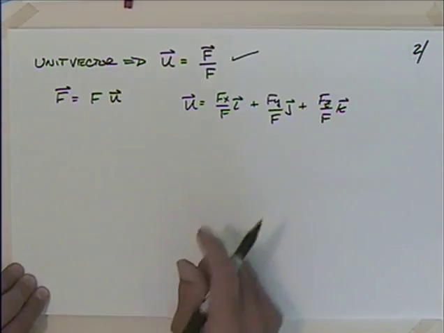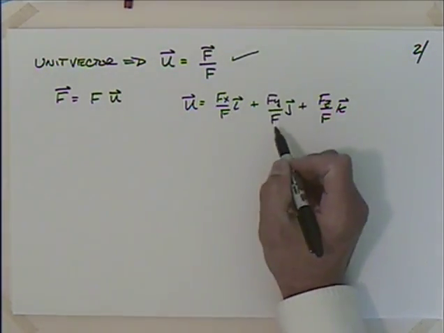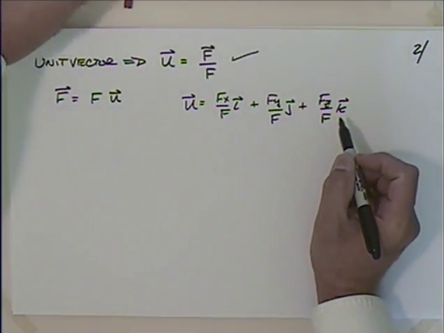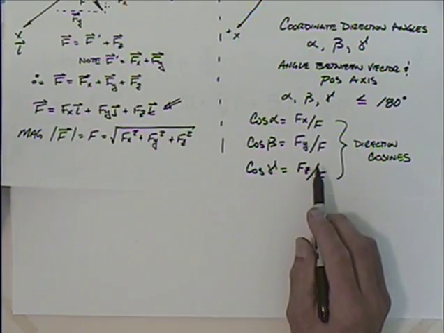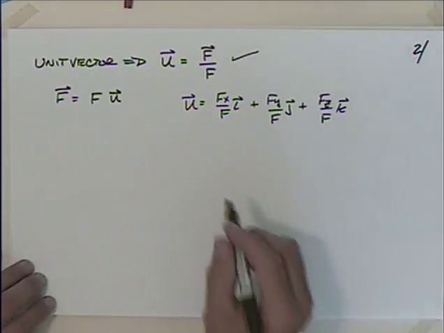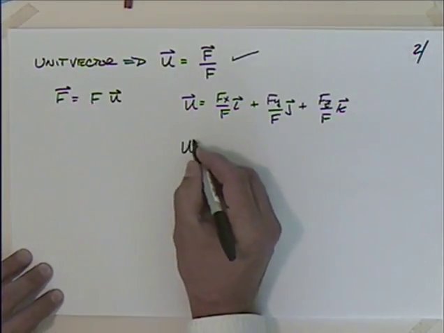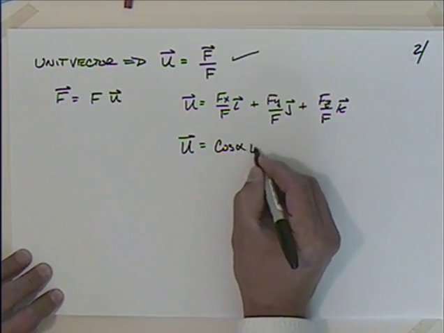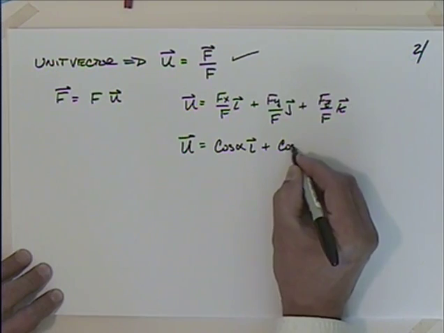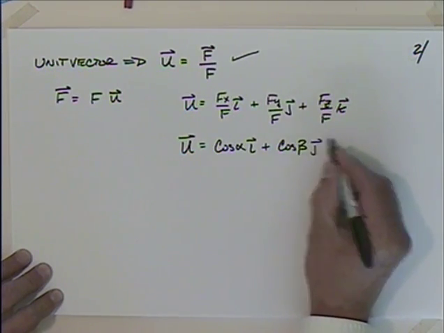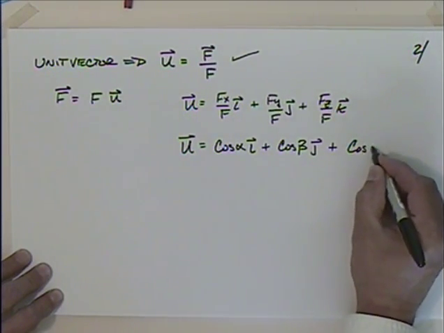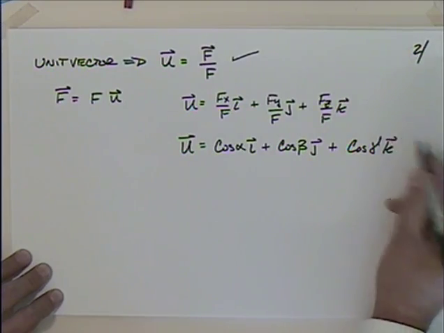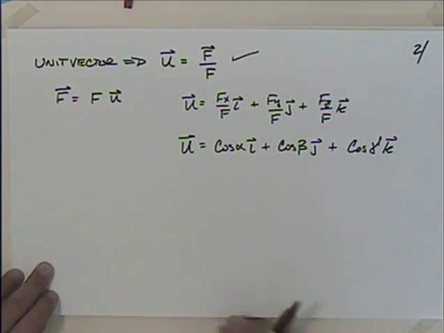Looking at that, we've seen fx over f, fy over f, and fz over f. Those were our direction cosines. So I make that substitution, and I could say that the unit vector would be equal to the cosine of alpha in the i direction plus the cosine of beta in the j direction plus the cosine of gamma in the k direction.